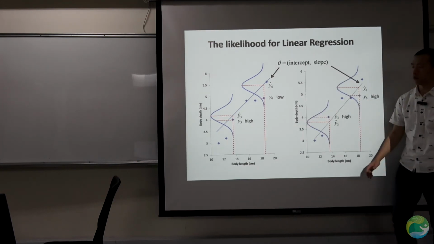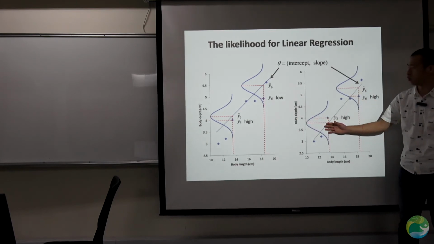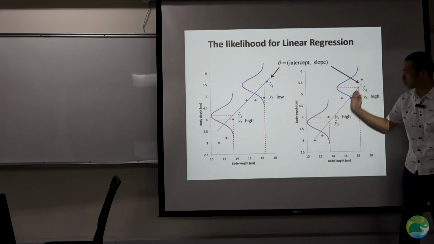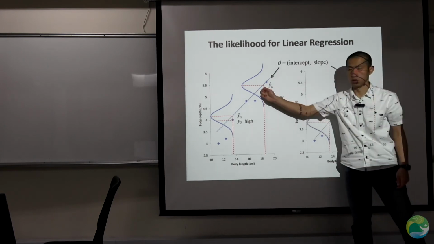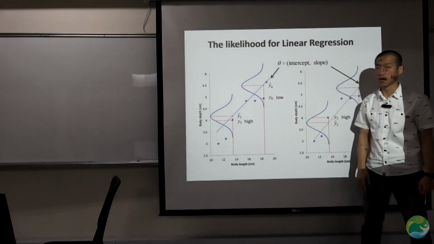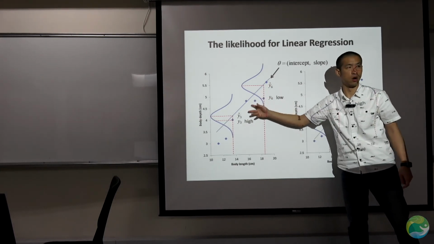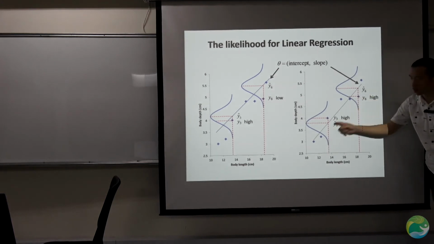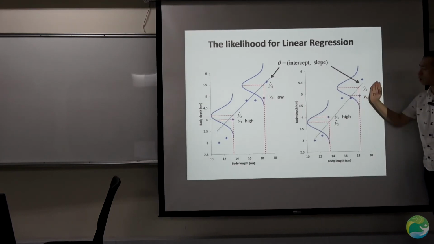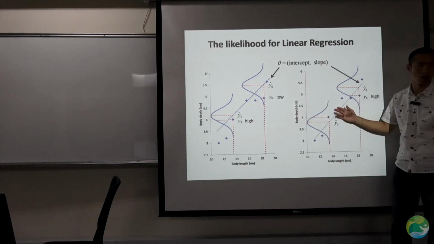So by comparing these two cartoons, we can know this curve is more likely to be true compared to this curve, because the likelihood of these two data points is lower than the likelihood of these two data points given the assumed hypothesis. So this one is more likely.